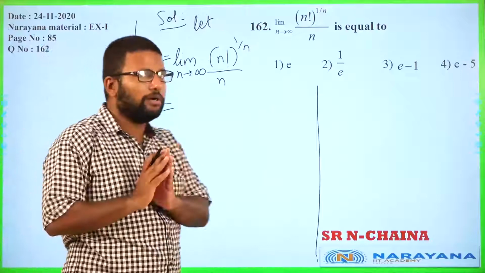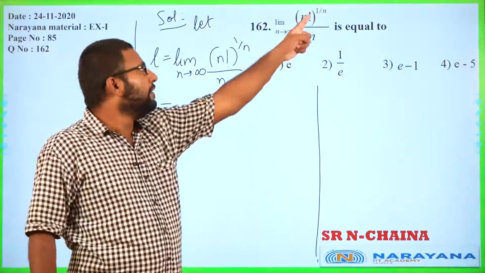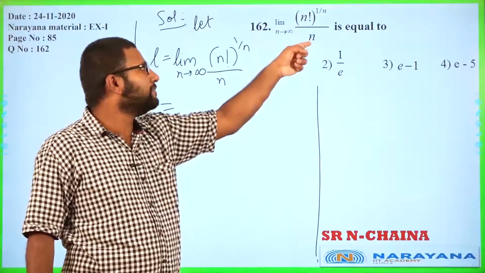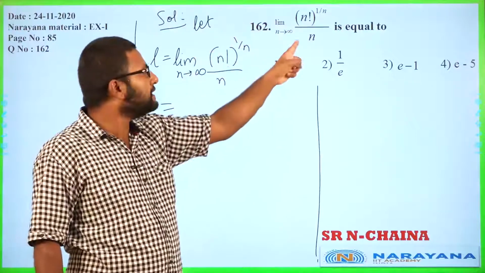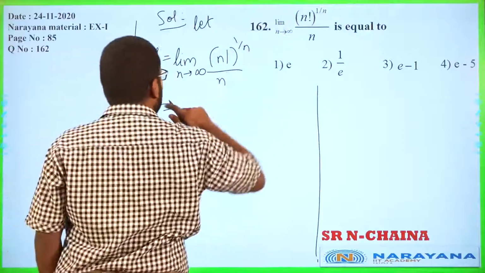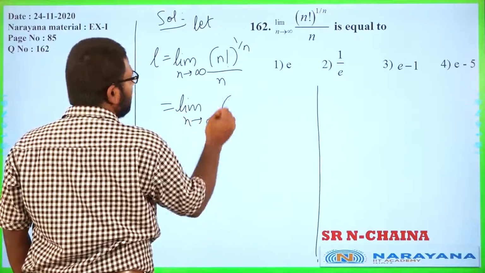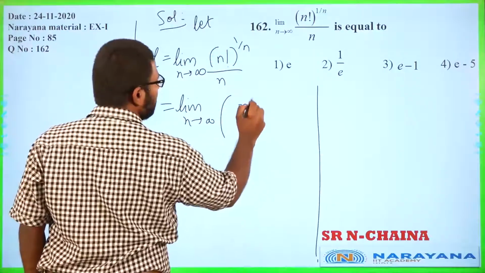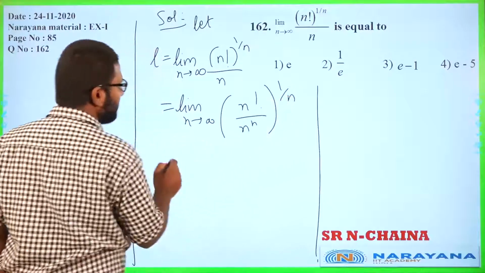even after you take log, just think about something. This 1 by n will come outside, but what do you do with this 1 by n? This also needs to go somewhere, no? So, what we will do is we will take this n inside the bracket itself. So, when it goes inside the bracket, it will become n factorial upon n raised to n, raised to 1 by n.